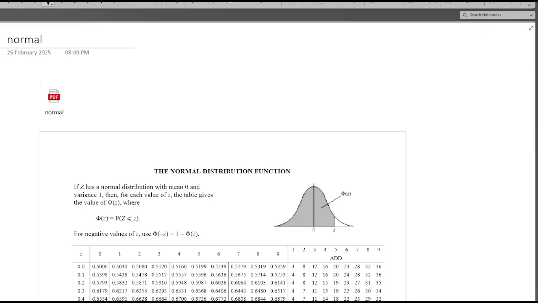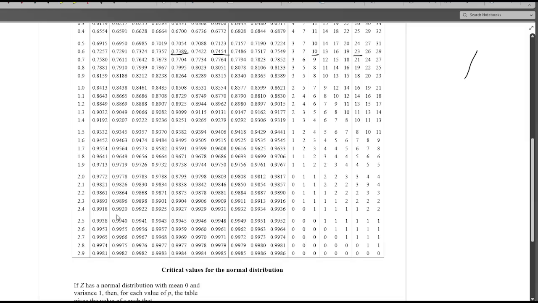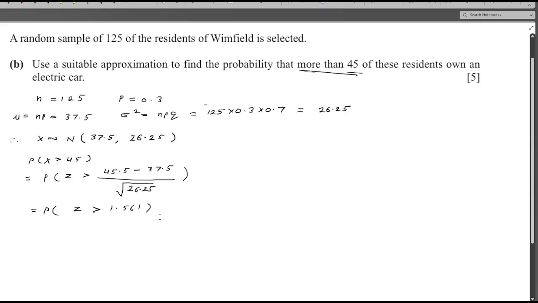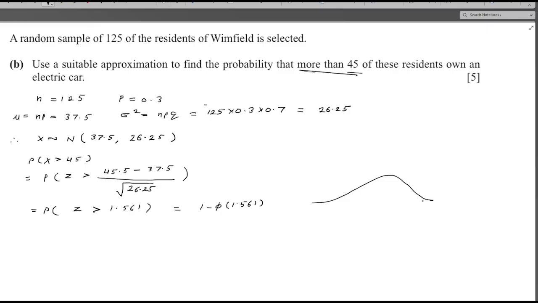Okay, now let us look at the normal table. We have to check for Z greater than 1.561. So this is equal to 1 minus phi of 1.561. If you see your normal table, here I need to find out the possibility of Z more than 1.561. So this area I need to find out, which is nothing but 1 minus this left hand side area.